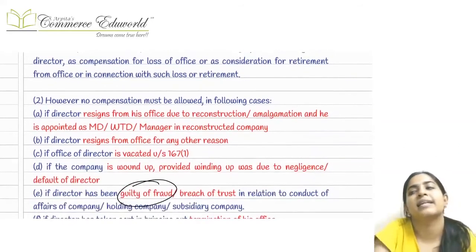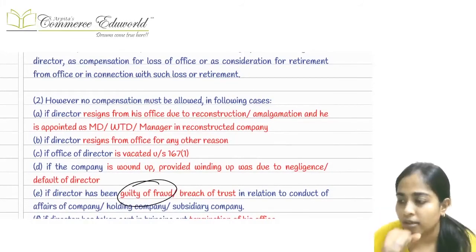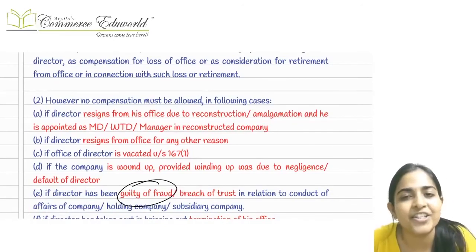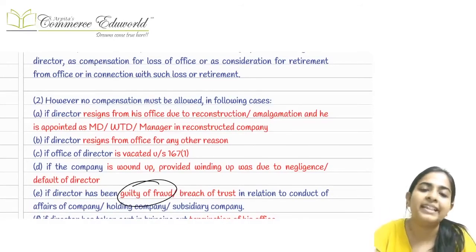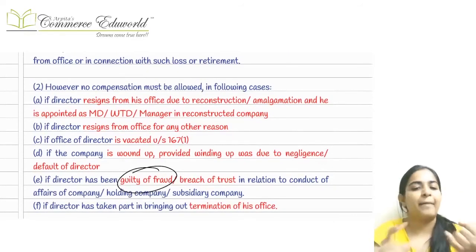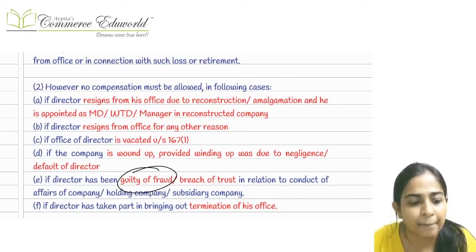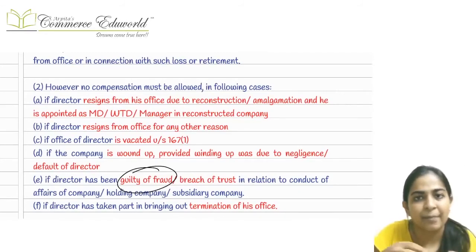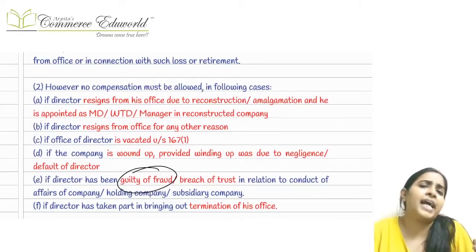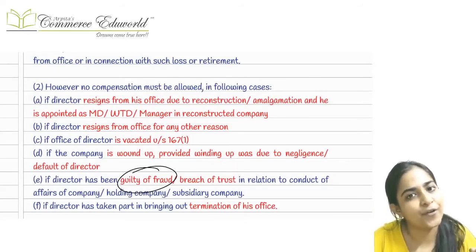Those 6 reasons are nothing but whenever the managerial personnel has done some default. Then he will not be eligible for compensation for loss of office. For example, if the company has been taken over by some other company, and we have been given the same position in the new company, but I say no, I don't want to go, then I will not be eligible for any compensation for loss of office.